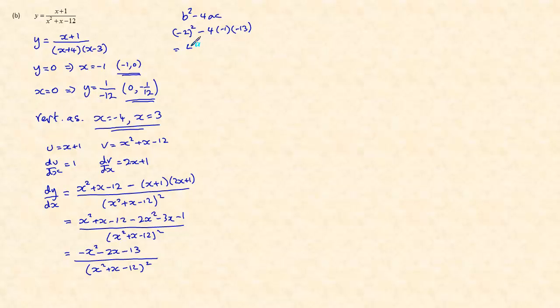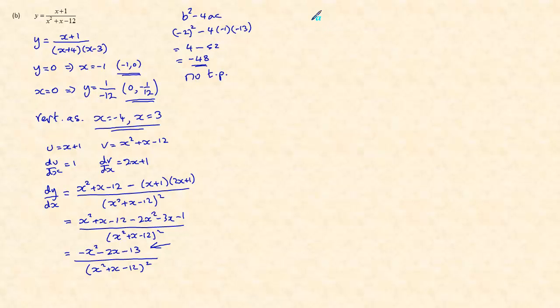So that's equal to 4 take away 52, which is negative 48. So it's negative, and therefore this one has no real roots. So we can say that there's no turning points.